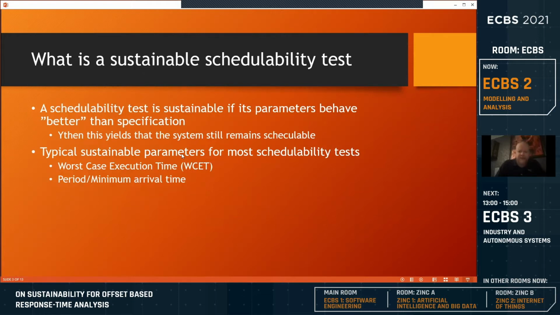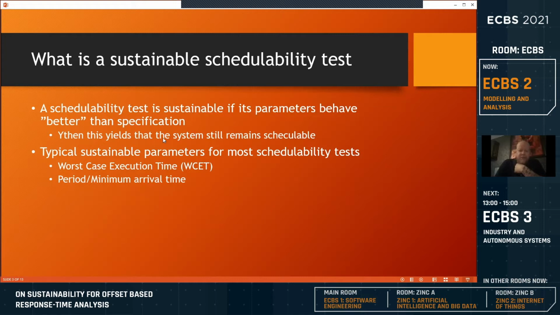What is a sustainable schedulability test then? You can say that a sustainability test is when, if its parameters behave better than the specification, this yields that the system still remains schedulable.